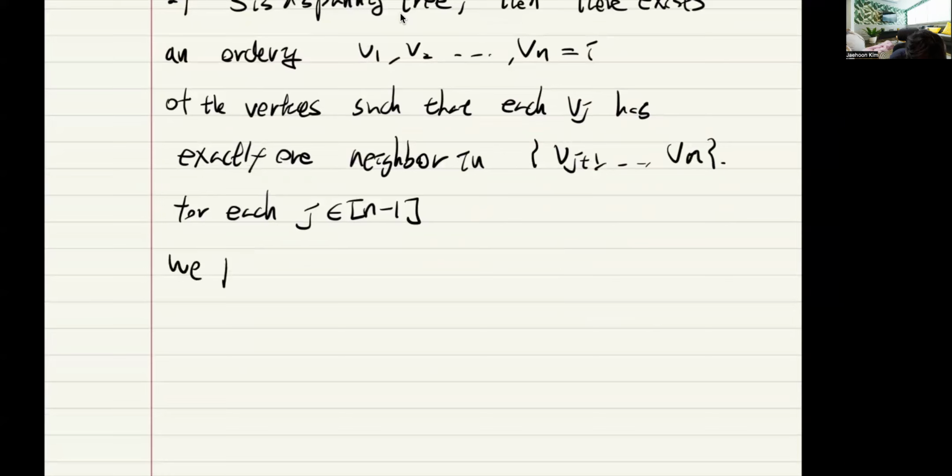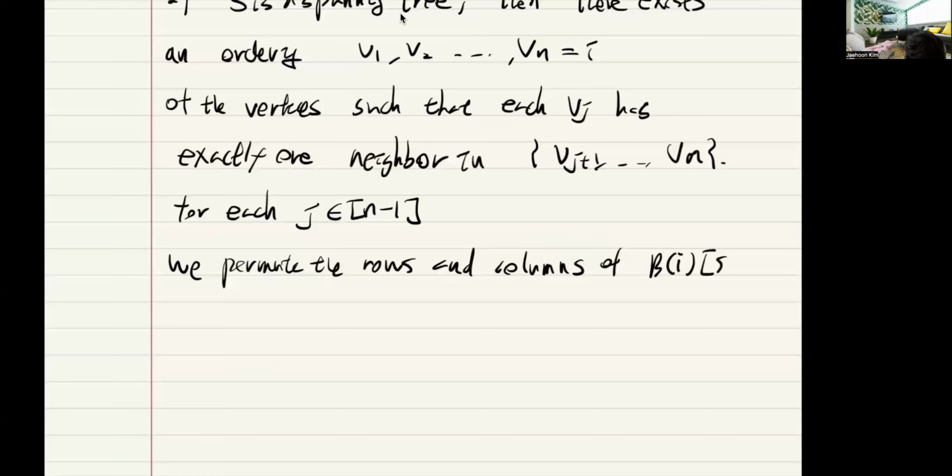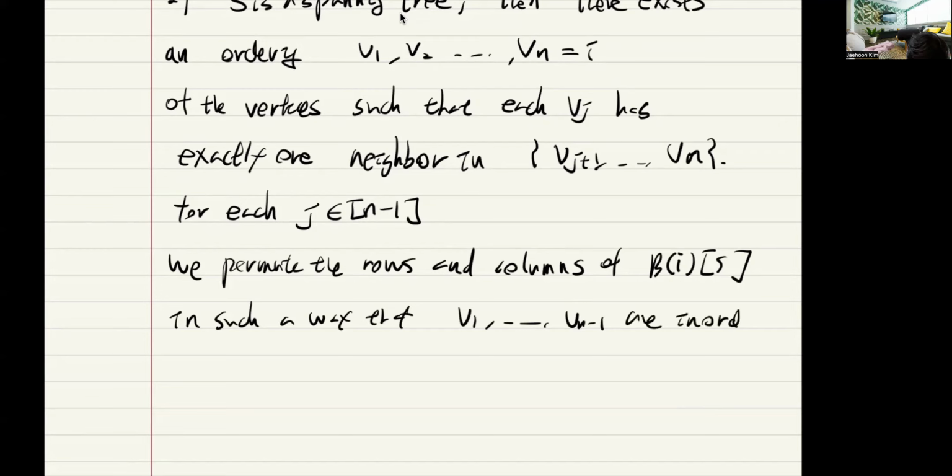So what? Now we permute the rows and columns of this in such a way that P1 to Pn minus 1 are in order.